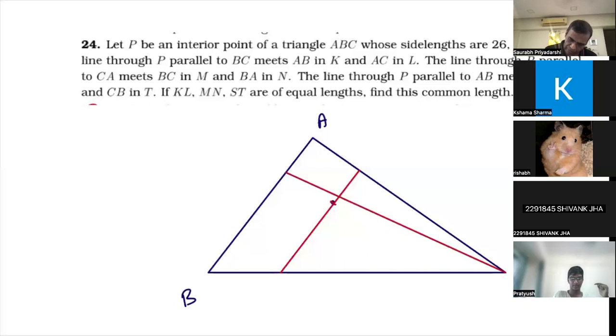And third line is parallel to this. P is the point.